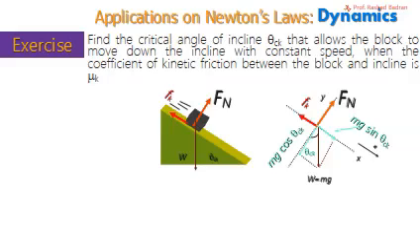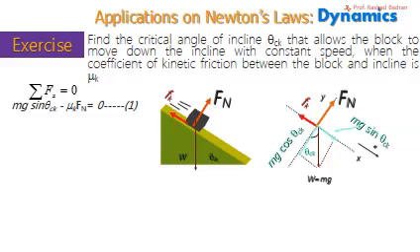And to solve the problem, we're going to follow the same strategy as before in part A, the first part of the exercise. And here we make our sketch and draw the free body diagram. The resultant force along the x-axis is going to be 0 because the block is in equilibrium, because it's moving with a constant velocity.